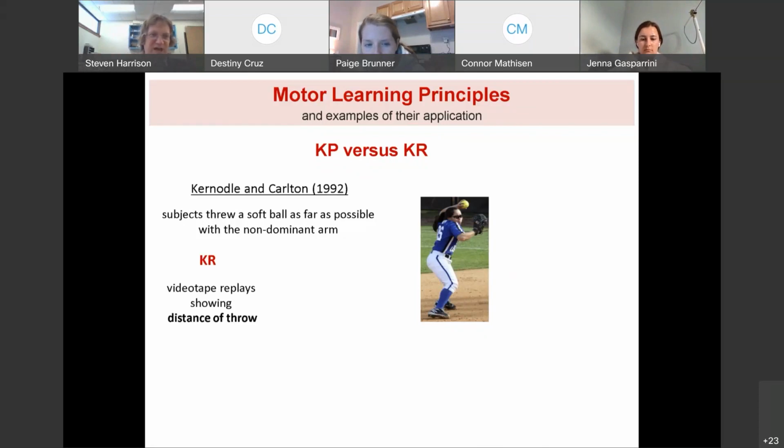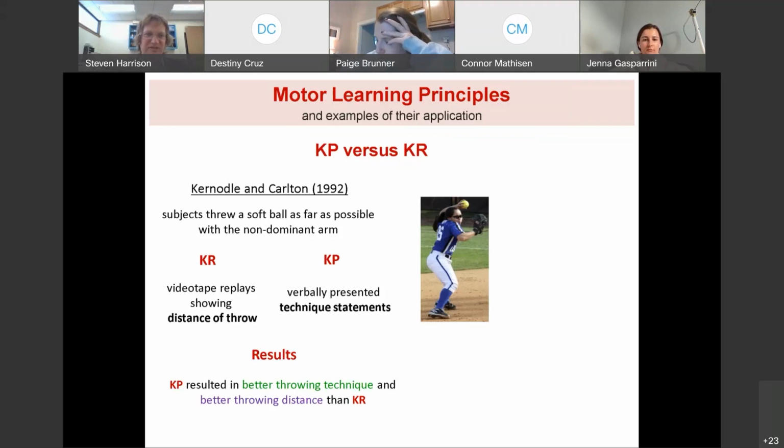We can either have knowledge of results, and in this case the subjects are provided a videotape replay that reveals how far the ball was thrown after they've thrown it. So they're getting knowledge of the outcome of the movement they performed. The other feedback is knowledge of performance, where the subjects receive verbally presented comments, similar to before, about the specifics of the technique they're using.